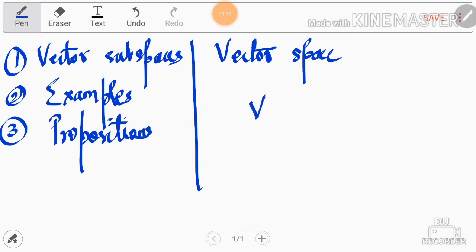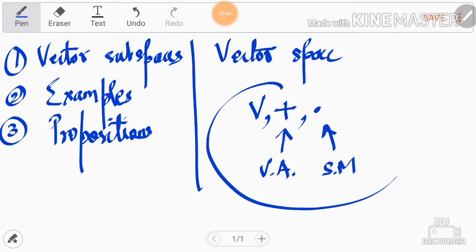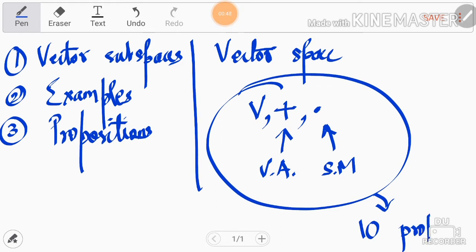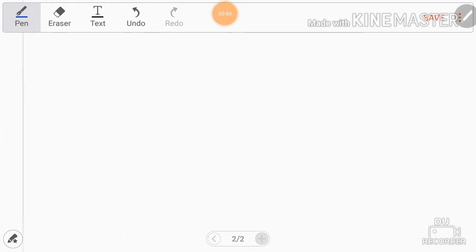We saw in our last lecture that a vector space is a package of a set along with two operations, one called vector addition, the other called scalar multiplication, that together satisfy 10 properties. We saw 4 examples.